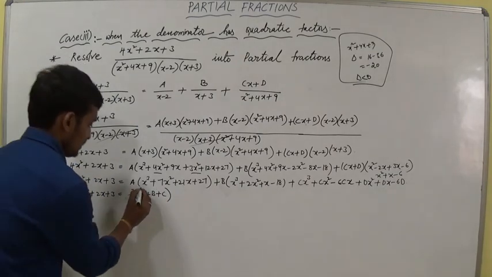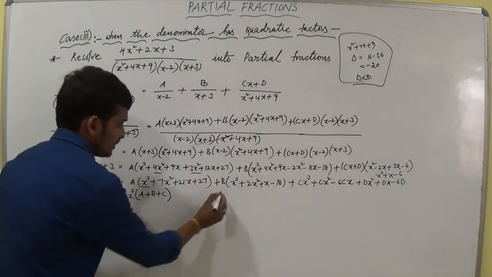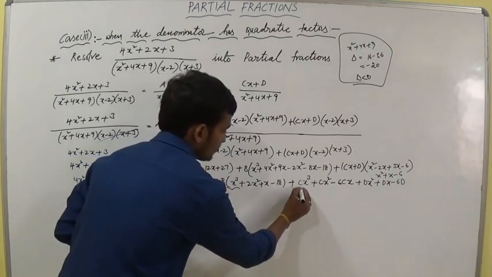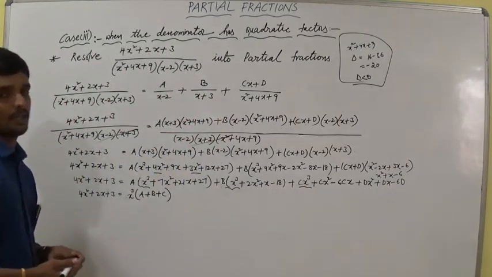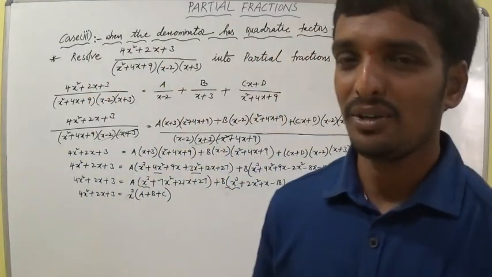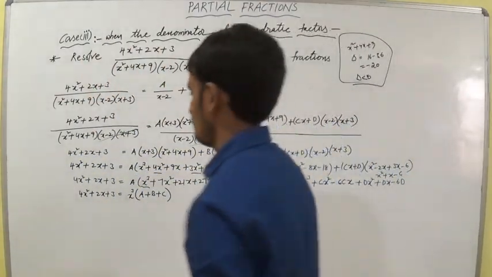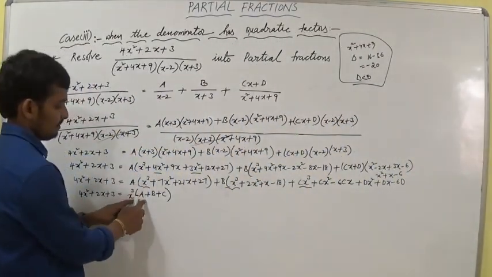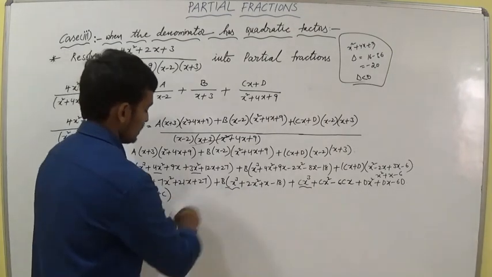Then this is completed. This is completed. This is completed. Have you observed? Did you understand? It's somehow long but easy. A, here B, there C.